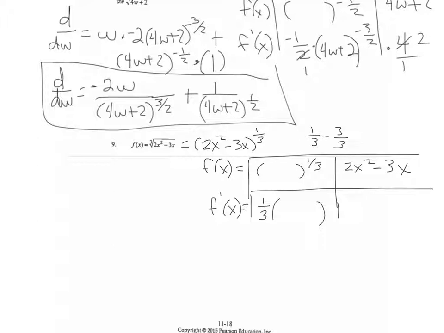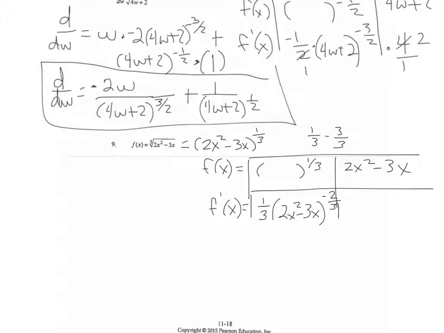So since I need a common denominator, that means I have 1/3 and I'm subtracting 3/3. That gives me a negative 2/3 for my new exponent. And I will plug 2x squared minus 3x back inside that parentheses now that I've differentiated.